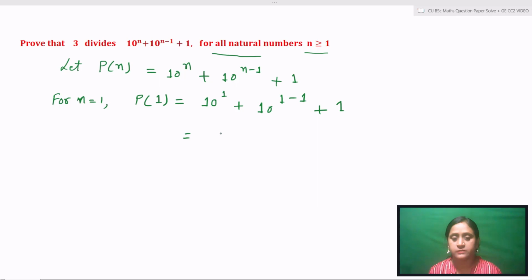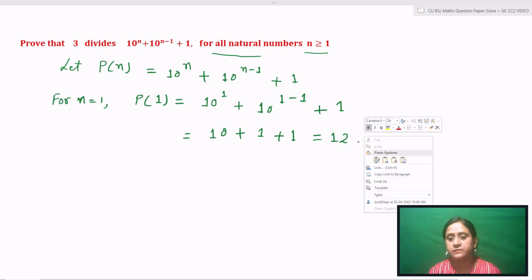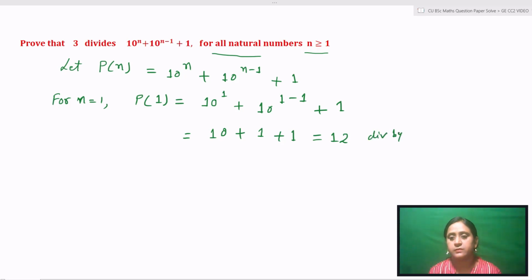This is equals to 10 plus 10 to the power 1 minus 1 means 10 to the power 0. So something to the power 0 means 1 plus 1. This is equals to 12 divisible by 3. Okay.